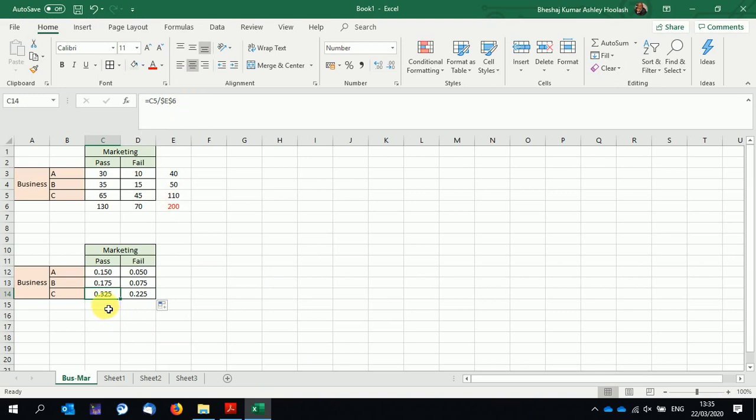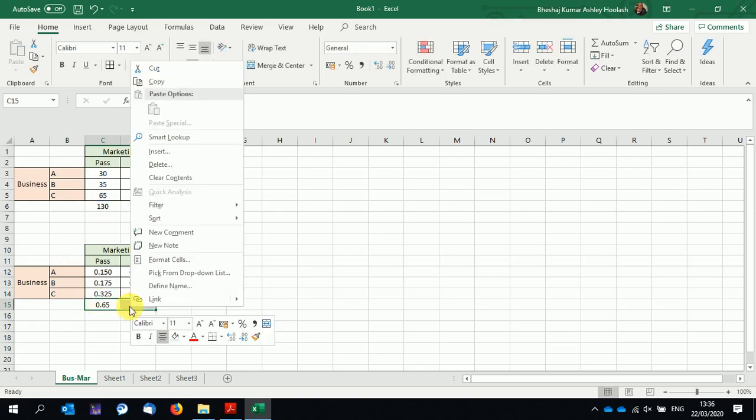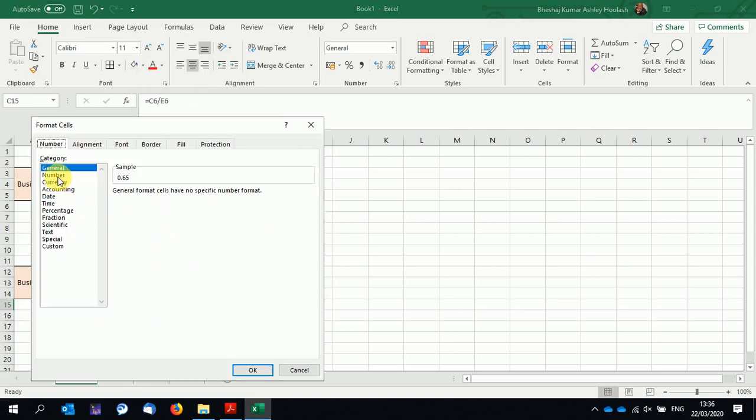For the marginal probability, it's 130 divided by 200 to get here. So I can either do this cell divided by 200 and I should get 0.65. Let's put that to 3 dps as well.